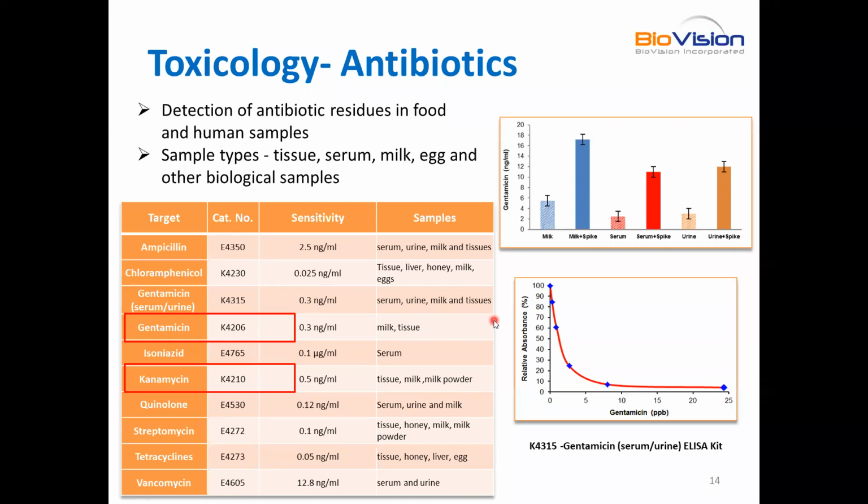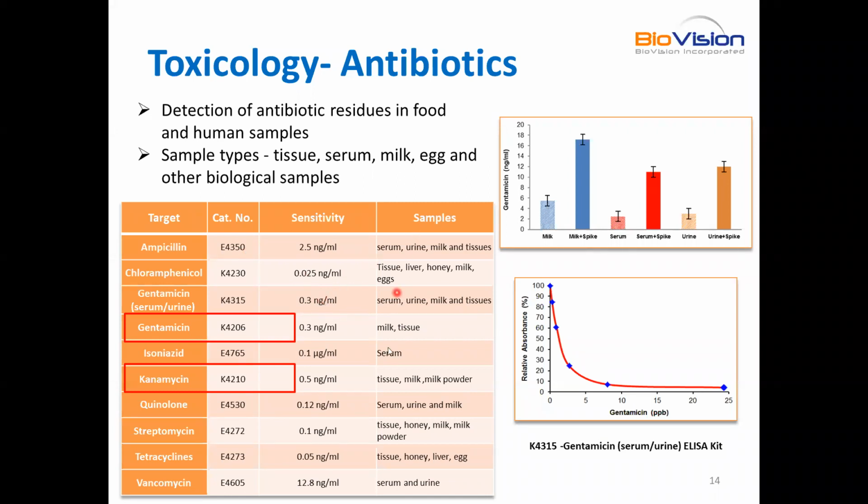Some of the good ELISA kits are mentioned in this list, and as you can see, they all have a very high sensitivity, so they can detect these antibiotics at a very small concentration, in nanograms. You can see almost 0.1 nanogram, 0.3 nanograms.